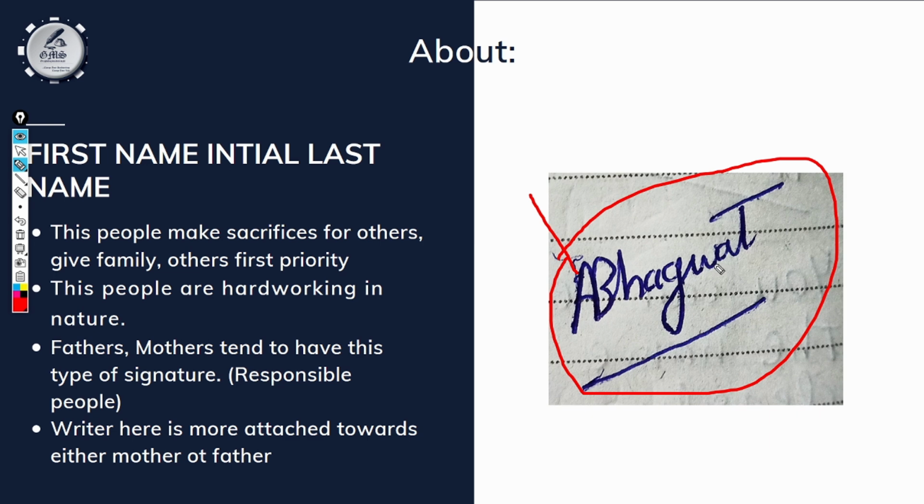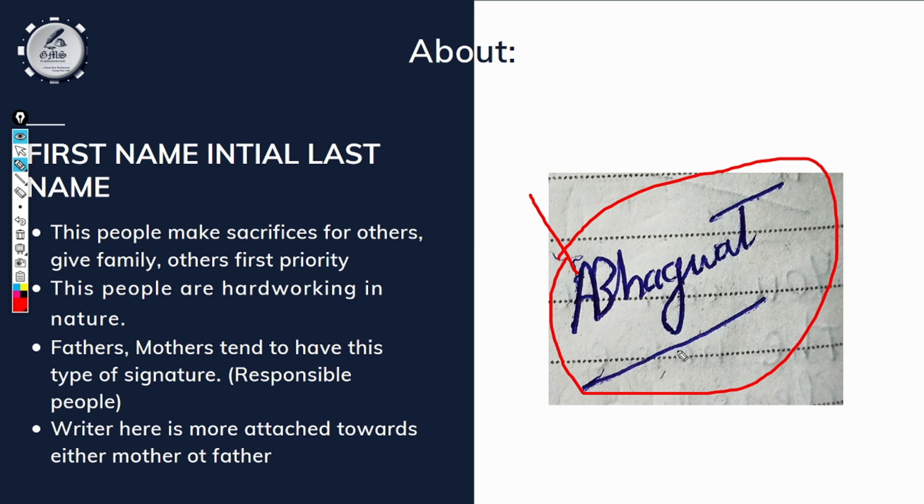So these people tend to sacrifice for them and give them first priority. They do think about themselves as well. It's not that they will always give others the first priority, yet most of the time they sacrifice for others. Sometimes they also give themselves priority, unlike the last name people.